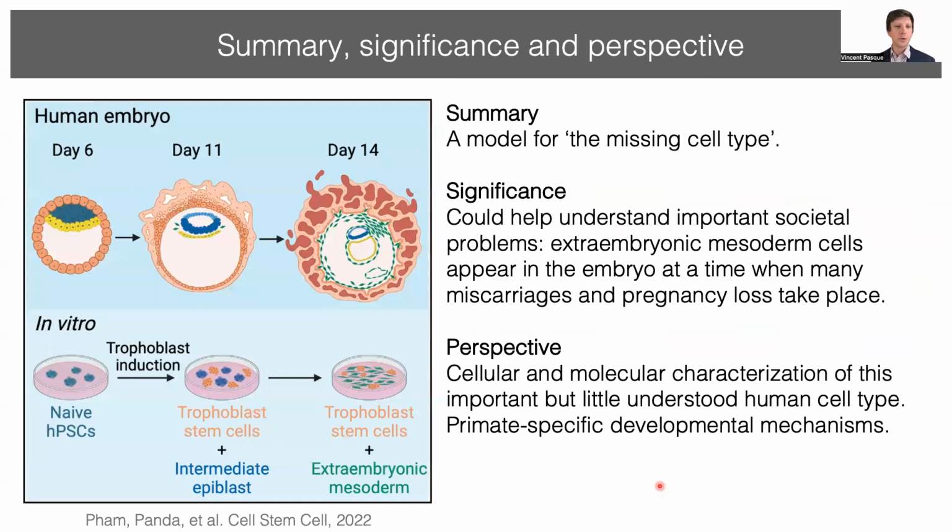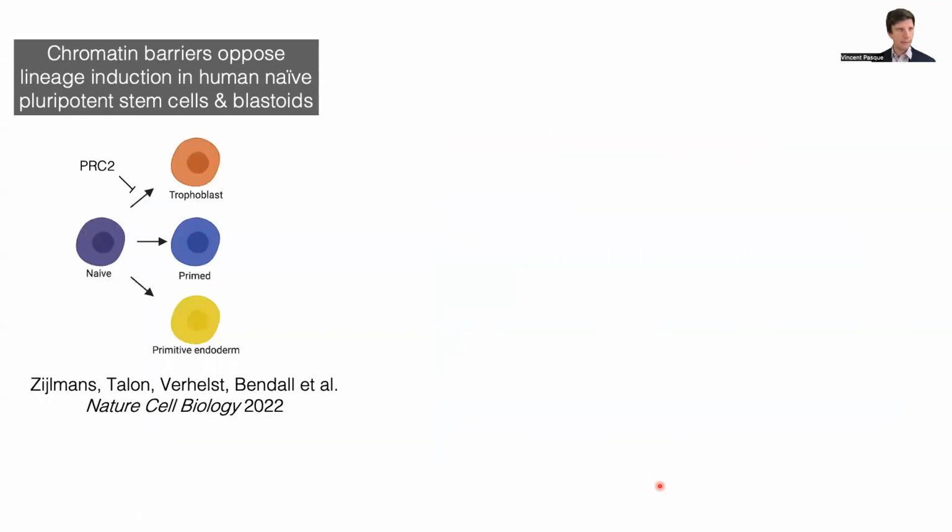So in the future, we think we'll be able to use these cells to study the cellular and molecular mechanisms that underlie their emergence, and that might be misregulated in diseases, and also can tell us more about primate-specific developmental mechanisms, and of course, about how chromatin and epigenetic mechanisms regulate early development.